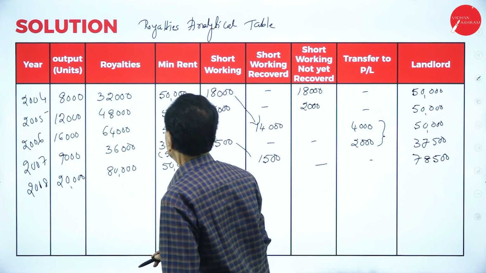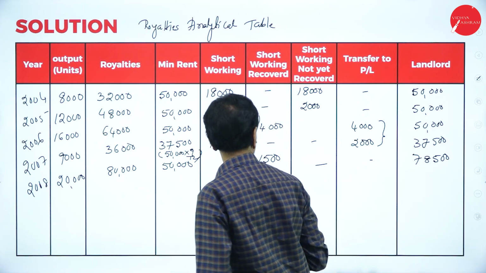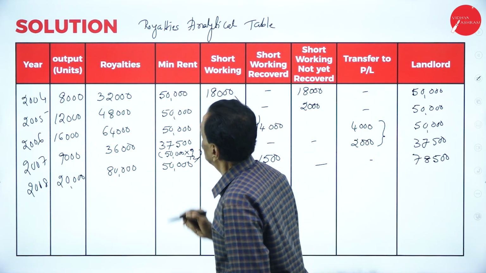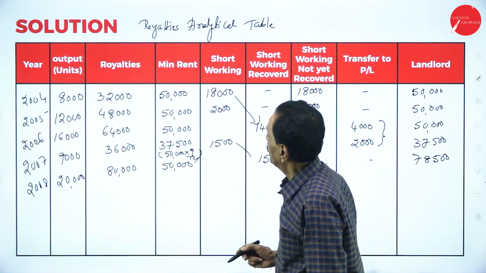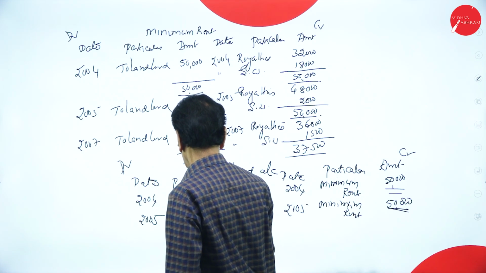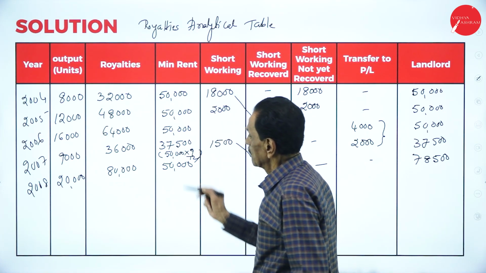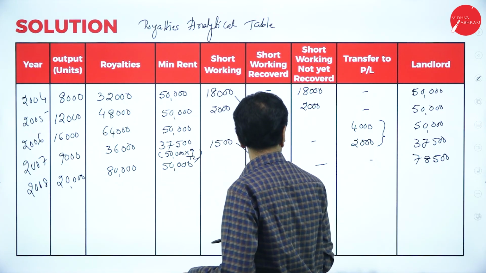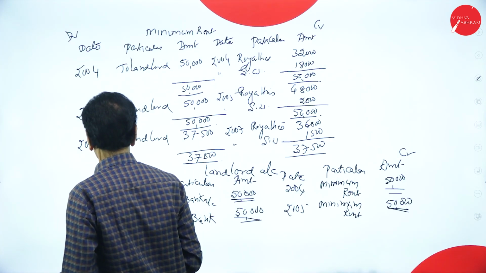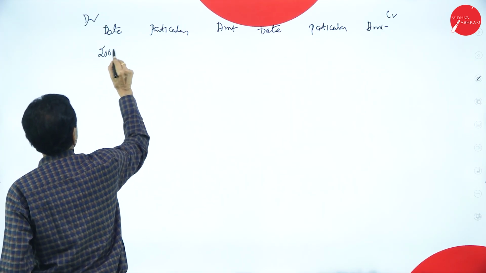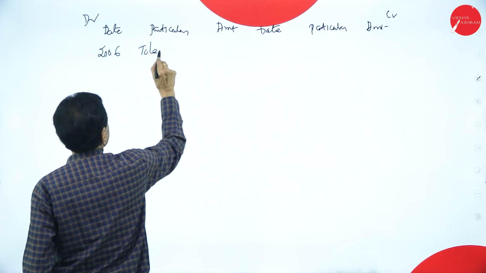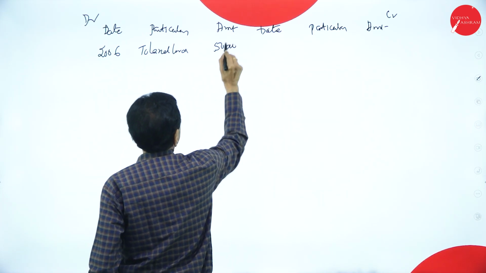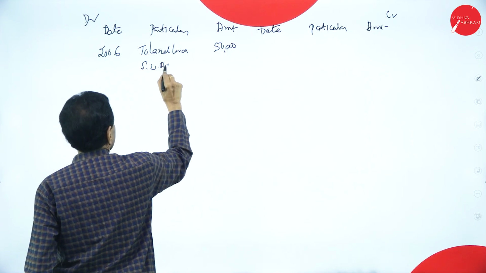Royalties account debit 2007, which is more, minimum rent is more. Royalties account debit, short working account debit to minimum rent. Which year are you doing? 2006, which is more, royalty. Royalties account debit to landlord 2006, to landlord 50,000, to short working recovered.